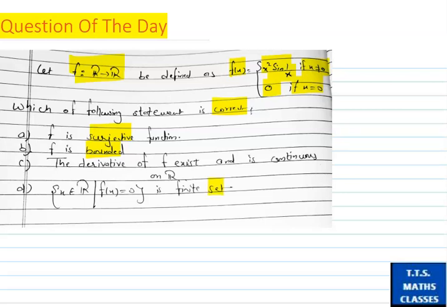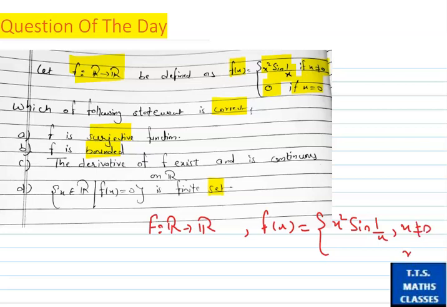So what we have to do first is check the given function f from R to R, where f(x) is equal to x² sin(1/x) if x is not equal to 0, and 0 if x is equal to 0.